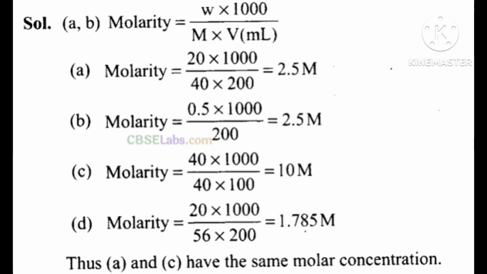Just I am telling you, small m divided by capital M. The mole fraction for the solute is M divided by M plus N, plus the mole fraction of solvent, N divided by M plus N. Taking the common denominator, M plus N, upside you again get M plus N. Down and up will cancel, and you will get only 1.